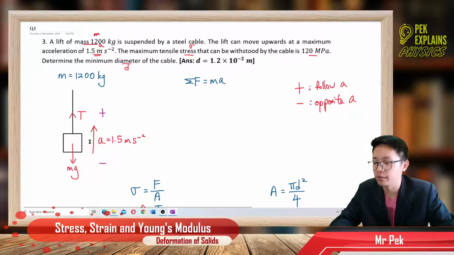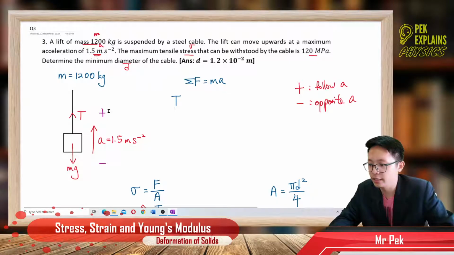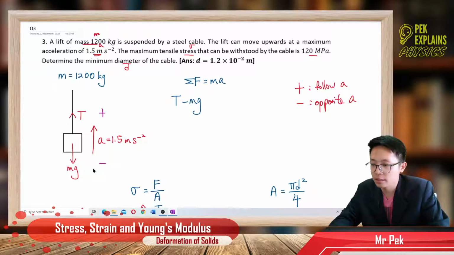Mg is negative because opposite acceleration. So apply this into the formula, total F equal to ma.